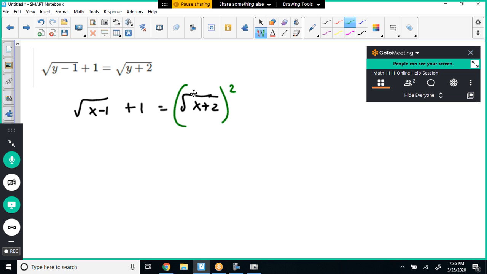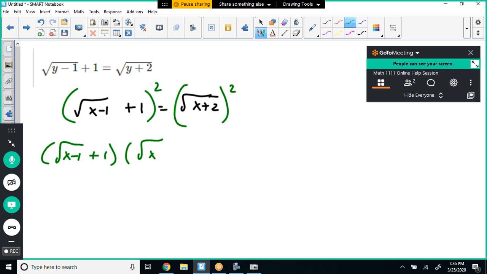So what I'm going to do is square it. But look what I got over here. I've got to square this as well. It'll be very much like what we just did on the previous problem, but now when I square root there, it's just x plus 2, right?